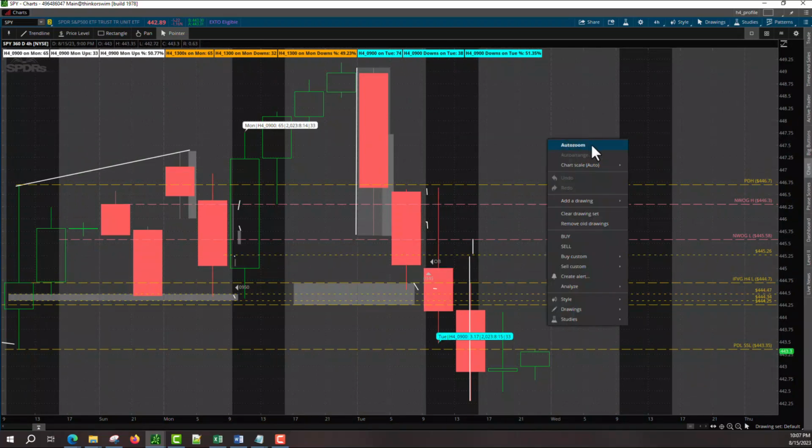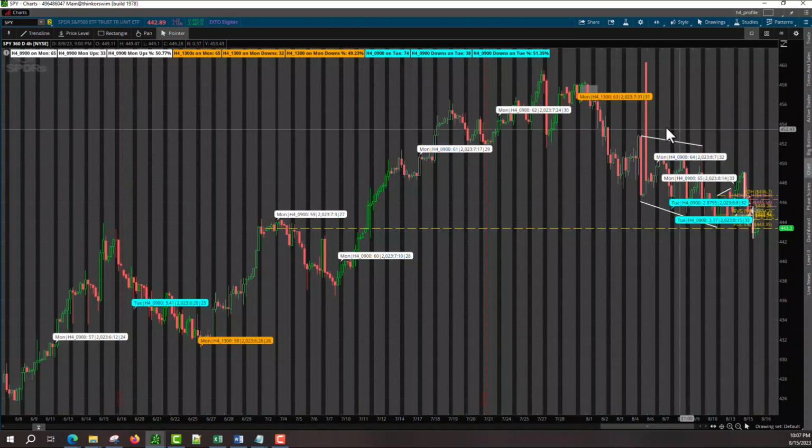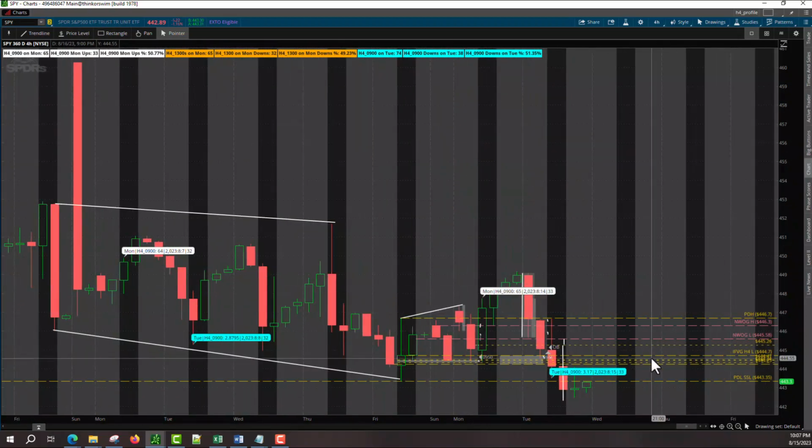This morning when it start, so on Monday, we see that it's set up like that. We thought this order block is whole, right? So we thought it's gonna go up, keep going up.